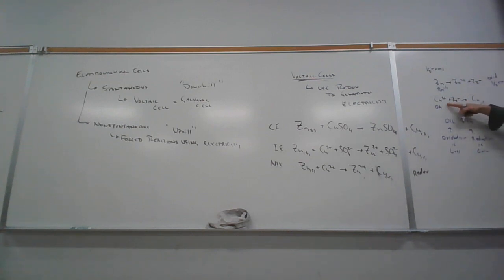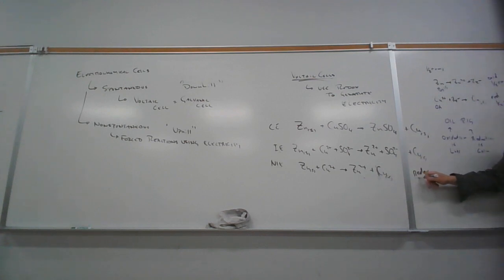If we look at the second one, the copper 2 oxidized something, therefore it's reduced in the process. Reduction is gain. So this is called the reduction half reaction. If we add both the half reactions, we get the redox. The redox is reduction and oxidation.